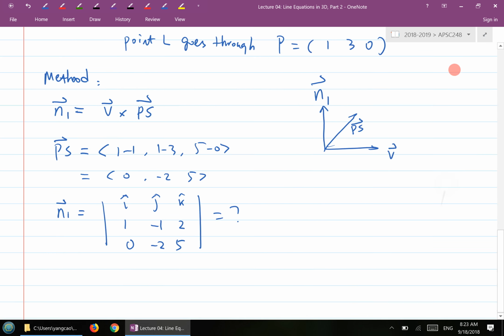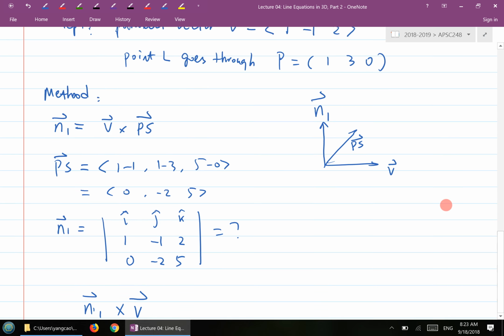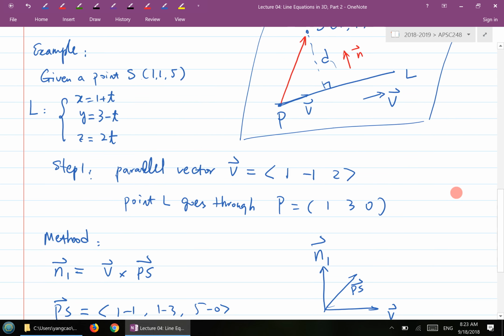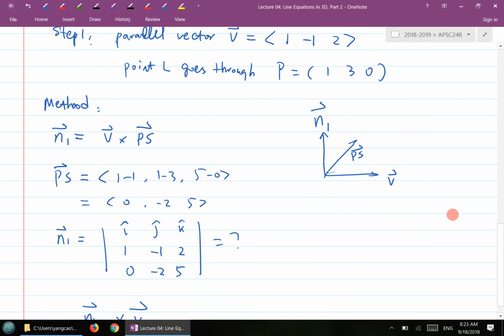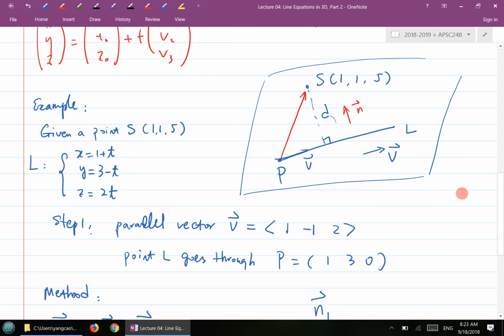Now next step, I can use this N1, and then cross the V. I wanted to find a better drawing here. Can you visualize that?